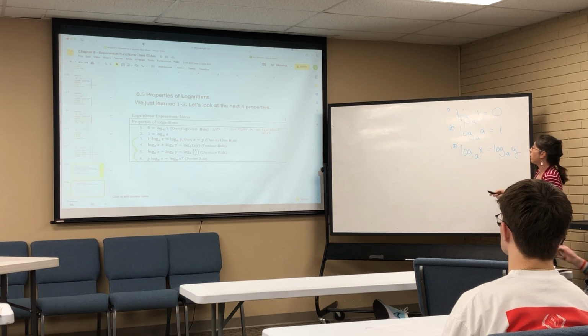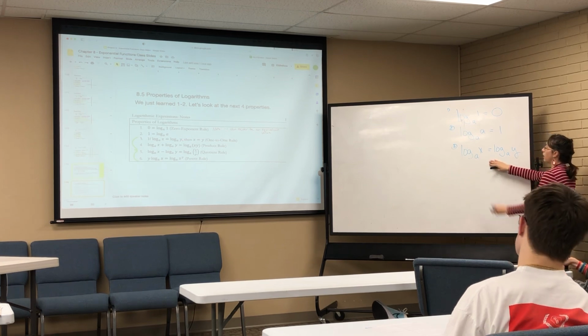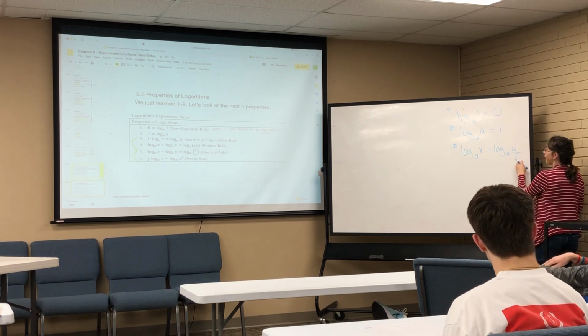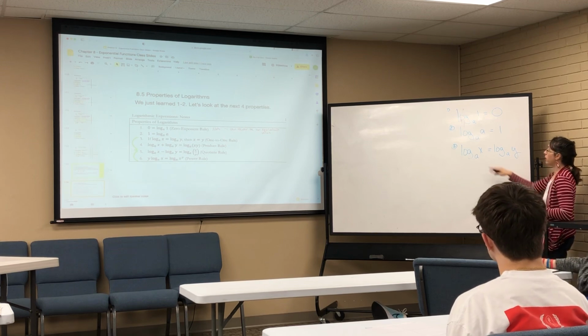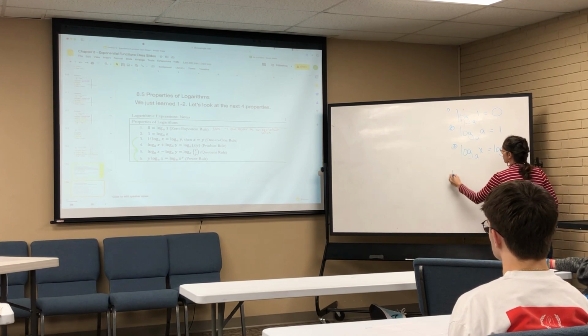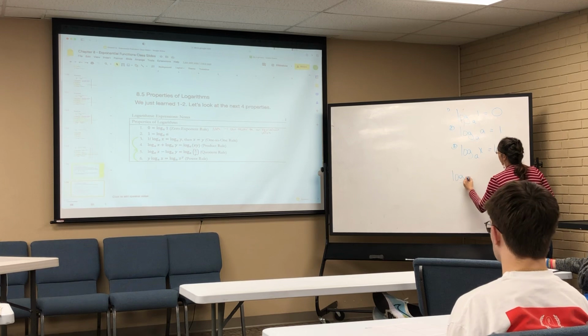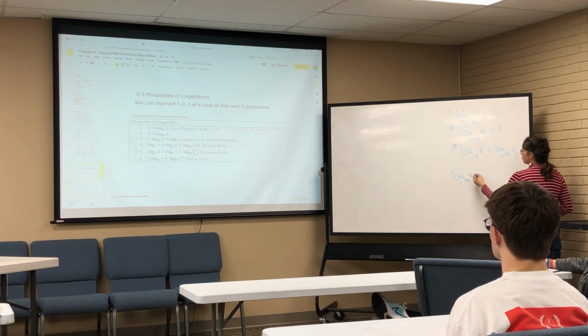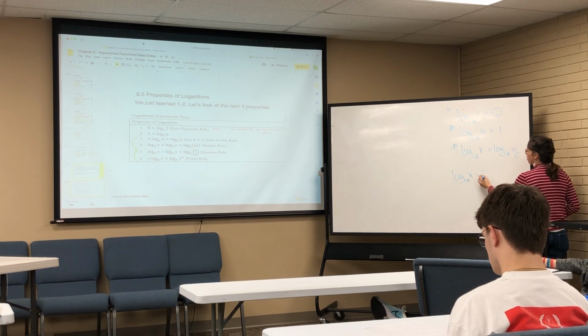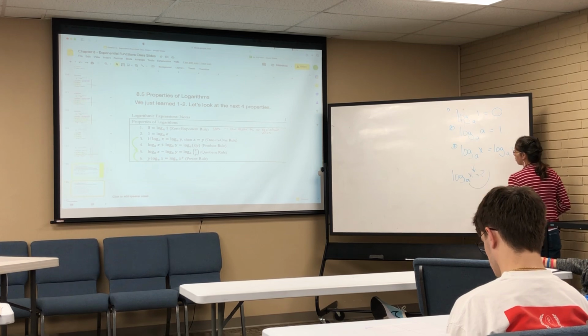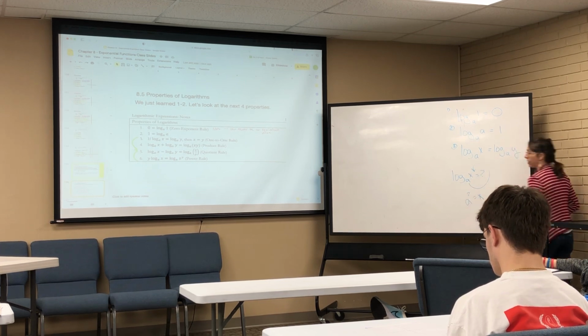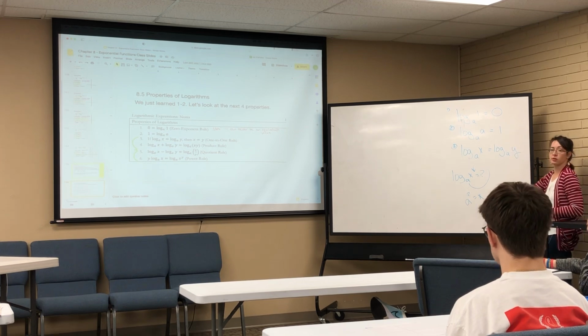We've got a 1-to-1 rule. I wrote it up here as number 3. Log a to the x equals log a to the y. Well, if I were to rewrite log a to the x equals, say, question mark, and use my log rule, then I have a to the question mark equals the value of x. Everyone agree with this?